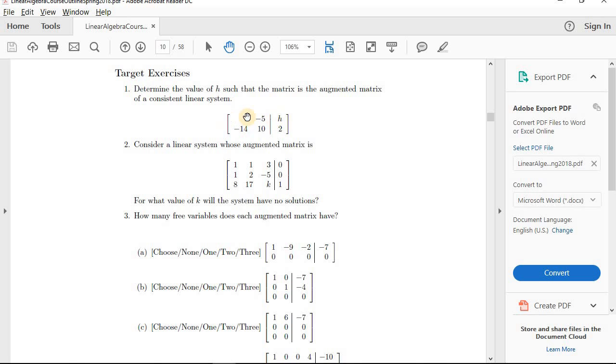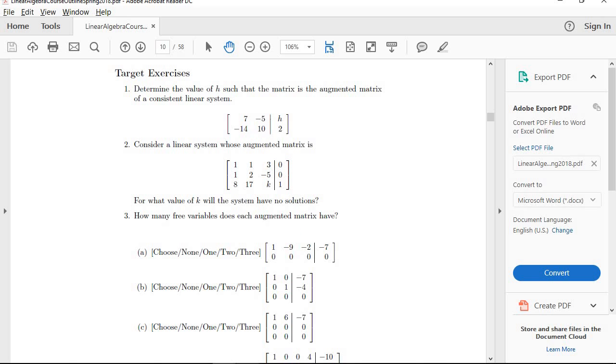This is an augmented matrix, so you can write it with a bar to separate the variables from the non-variables, or you can write it without the bar. Just remember that the last column is always the constant column that has no variables, and the columns beforehand correspond to variables.